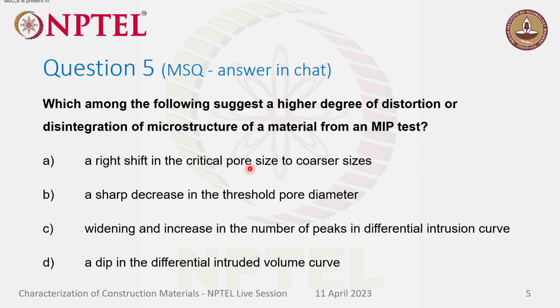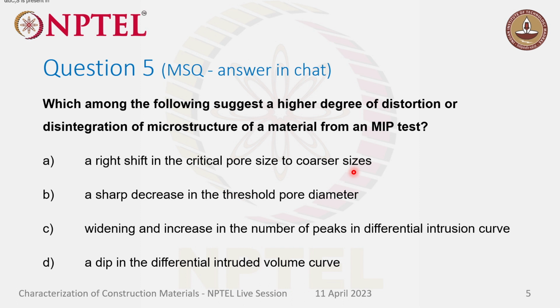Option A: a right shift in the critical pore size to coarser sizes. Consider normal OPC concrete, the concrete cube you're taking for a compression test. When it's subjected to compression, obviously there will be a lot of micro cracks once the loading reaches 30% of the ultimate load, right? So there will be a lot of micro cracks once the compression test is done, and the pore size can move to a coarser size.